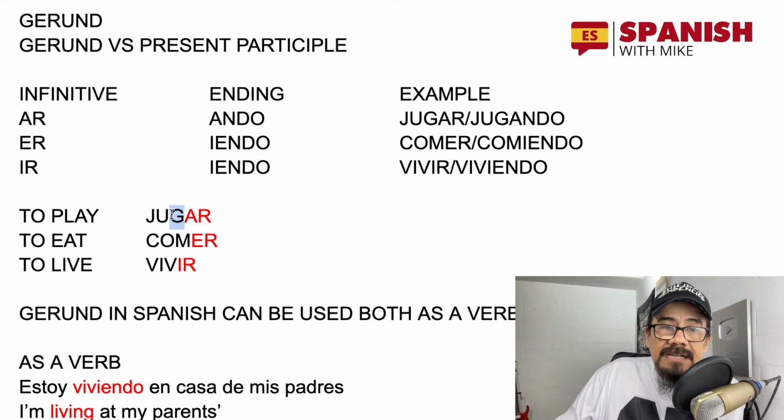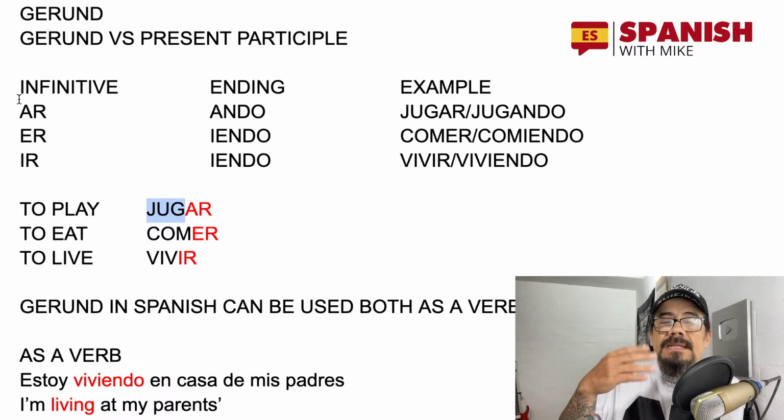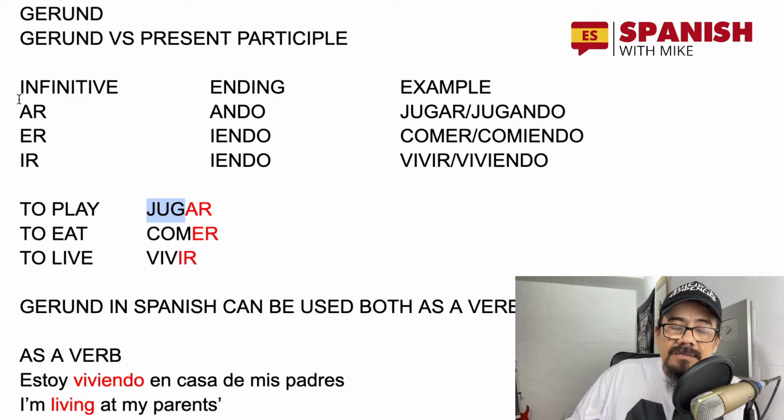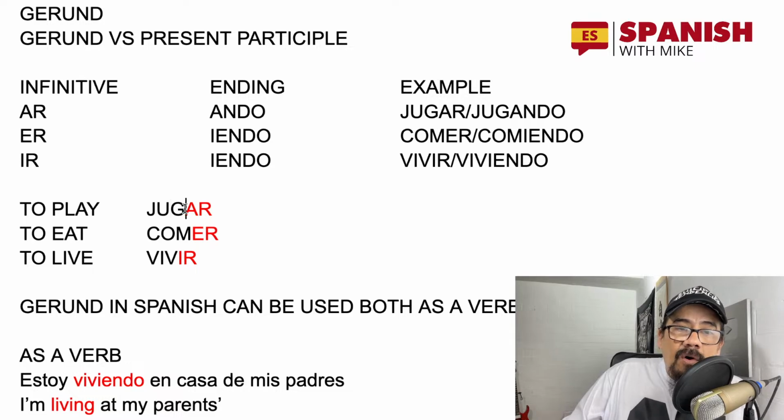And whatever is left from the verb, that's the root of the verb. This is something that we have been doing for the past few videos, the past few classes, with all of the verbs, learning conjugation rules. And these are basically the rules for the gerund, el gerundio. If I have jugar and the verb ends in ar, I leave the root and add ando.